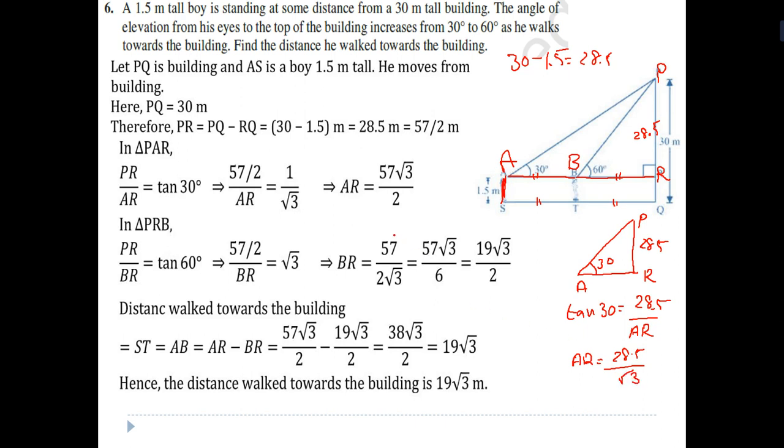So 28.5 upon root 3. Now 28.5 means what? 57 by 2. So we can write 57 by 2.